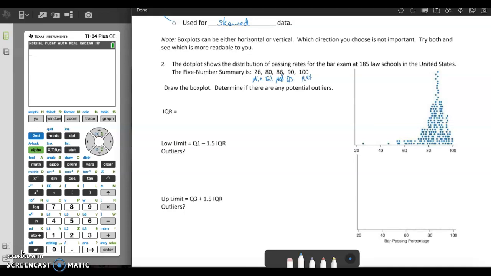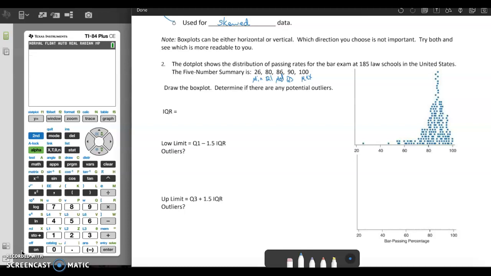We could calculate those by using technology or by having the data in front of us. But we don't have these 185 scores, so we just have their summary. And that's really what we need in order to draw this box plot. So we're going to draw a box plot and determine if there are any potential outliers.